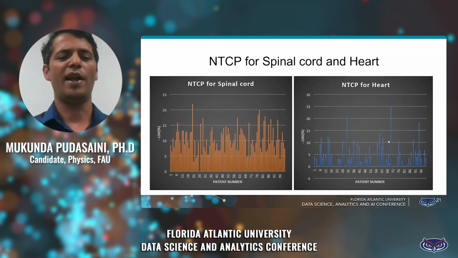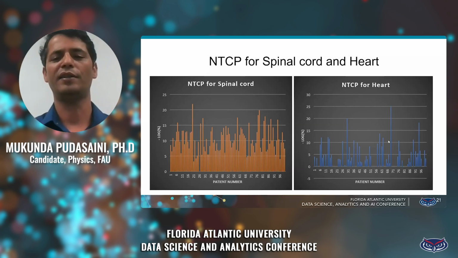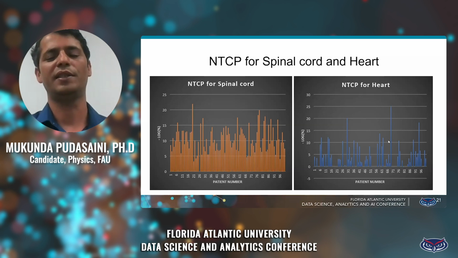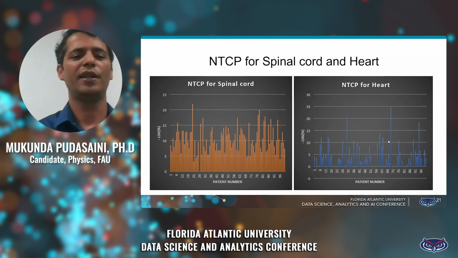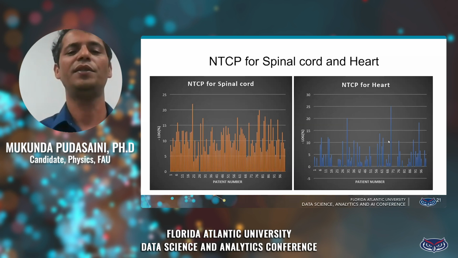Here, the orange one is for NTCP plotted for spinal cord, and the deep dark blue plot is negative logarithmic of NTCP of heart. If we plot without logarithmic scale, then we won't see the differences in their values.